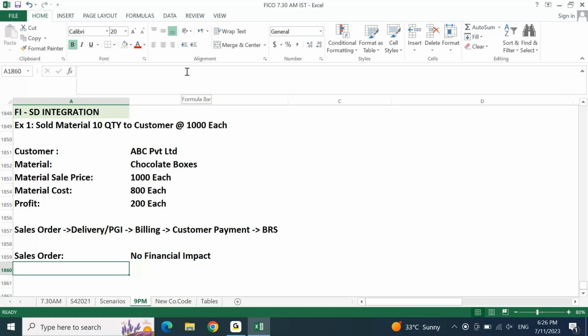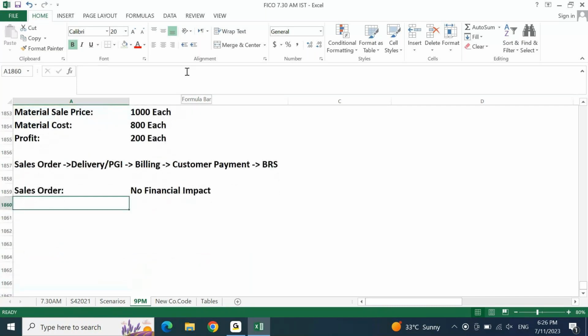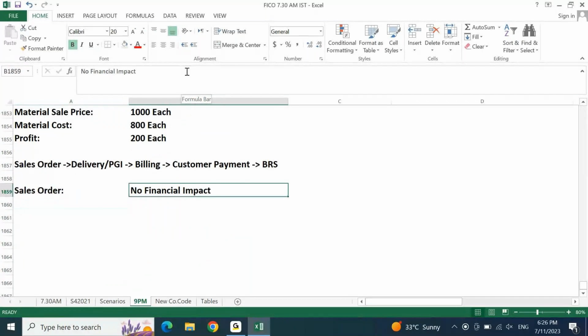PGI is nothing but post goods issue. When you perform post goods issue, the system will pass one accounting entry wherein a debit and credit entry will be posted. How this debit credit entry is getting posted and from where the values will get updated, we will have to understand. Now, with the sales order, there is no financial impact.